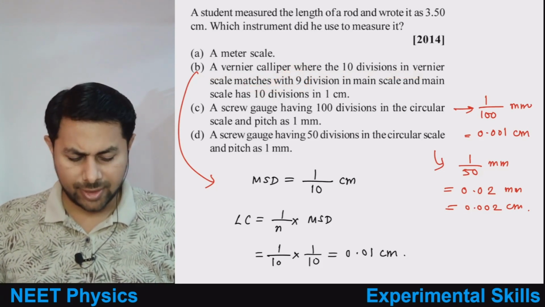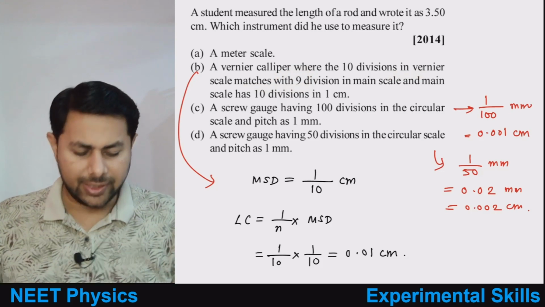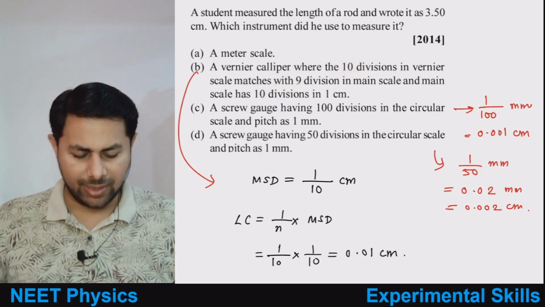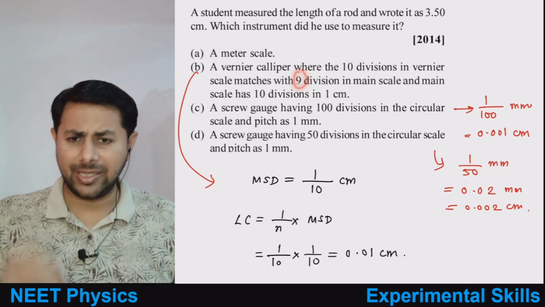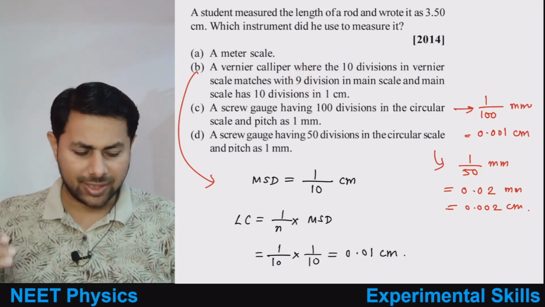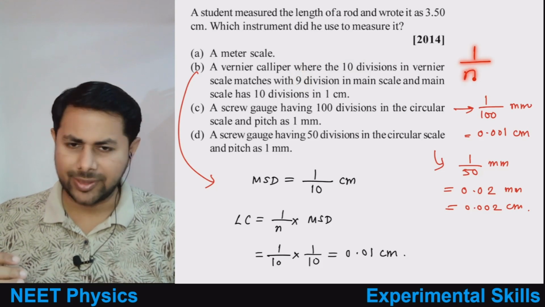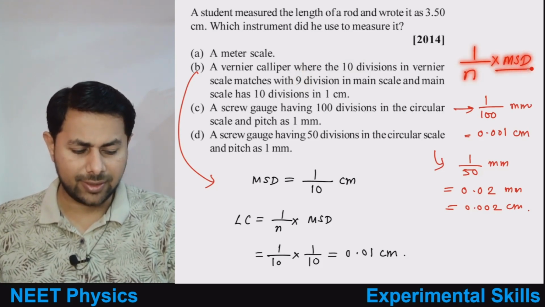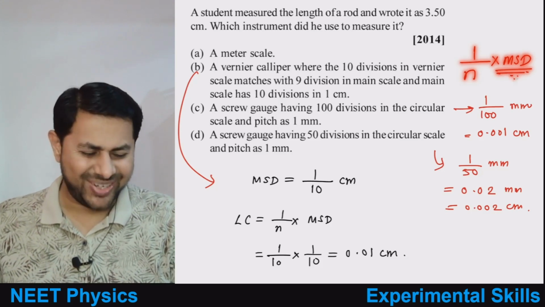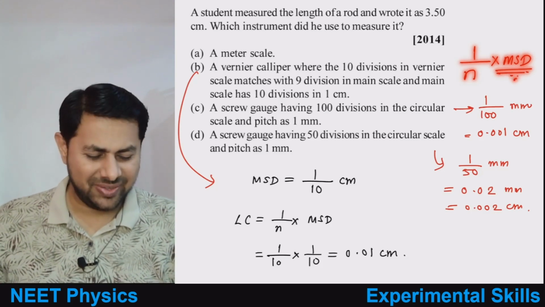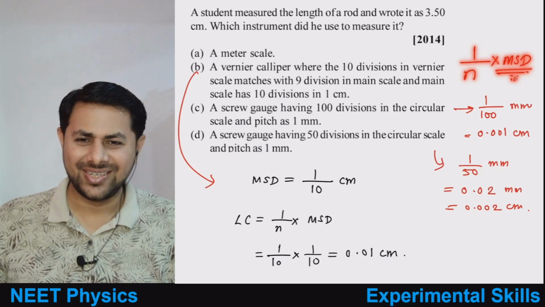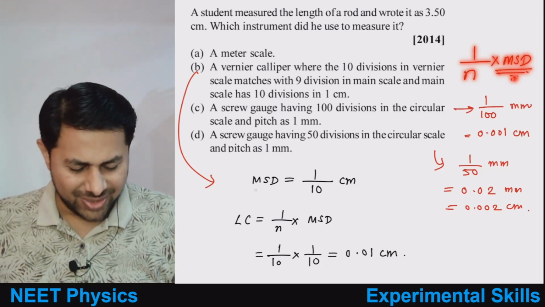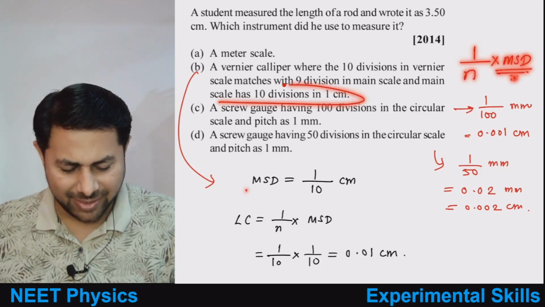Whenever you have n divisions of the vernier scale matching with n-1 divisions on the main scale, the least count is 1 divided by the number of divisions on the vernier scale, multiplied by MSD. What is MSD? Mahendra Singh Dhoni. Okay, what is MSD? It is the main scale division. So find out the main scale division using this one.